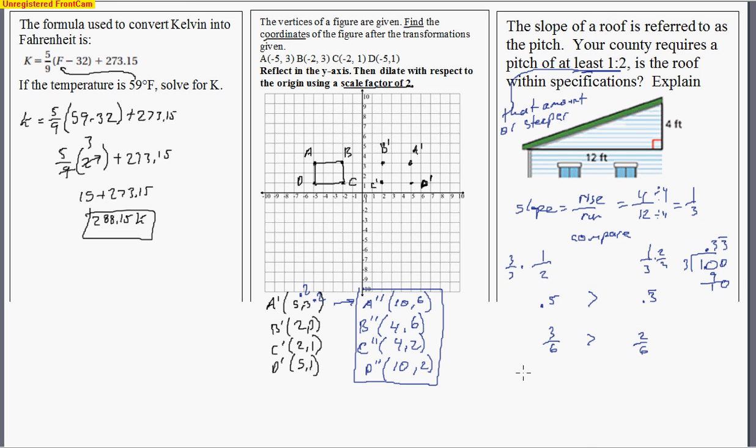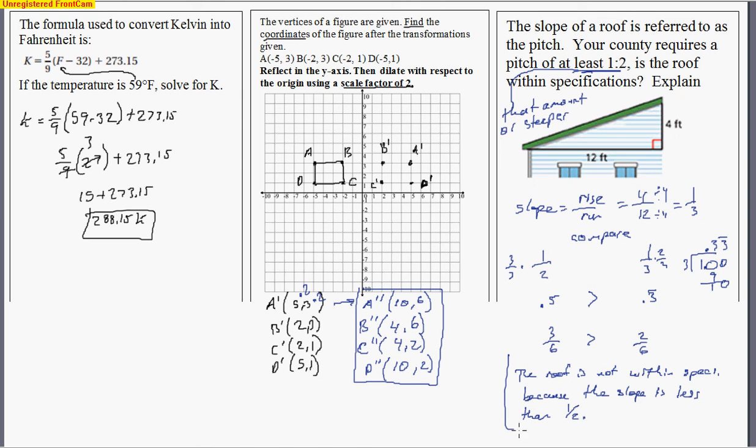And in this case, we would say the roof is not within specs because the slope is less than 1/2.